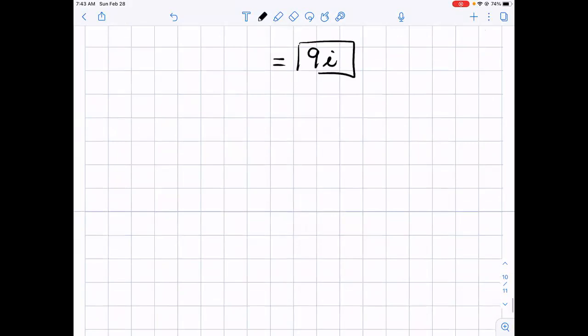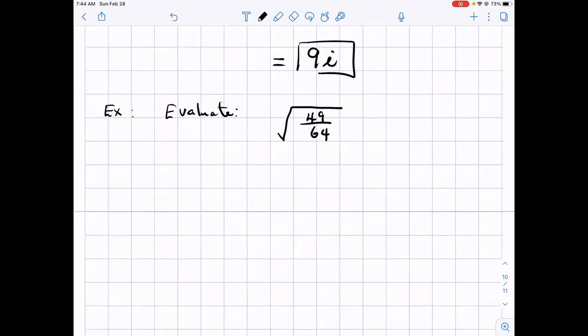Likewise, how about if I gave you something with a root that's a fraction, 49 over 64.